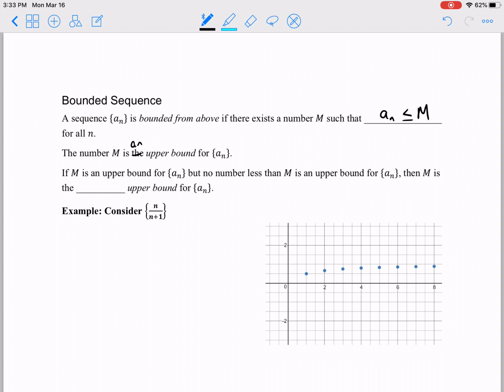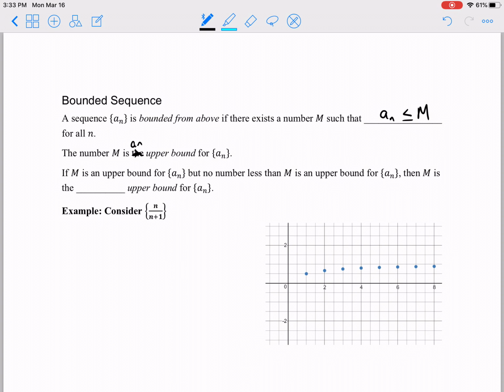If m is an upper bound for a sub n, but no number less than m is an upper bound, in other words, it's the smallest upper bound, because if you think about it, if say 4 is an upper bound, then so is 5, and so is 6, and so is a million, and all that stuff. That's why I changed this up here to an upper bound.